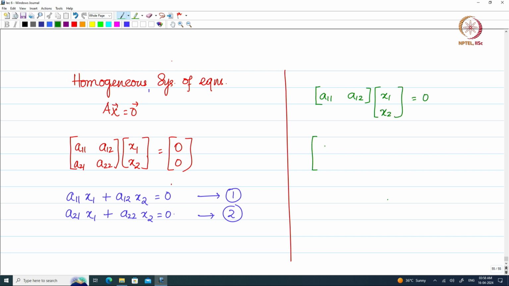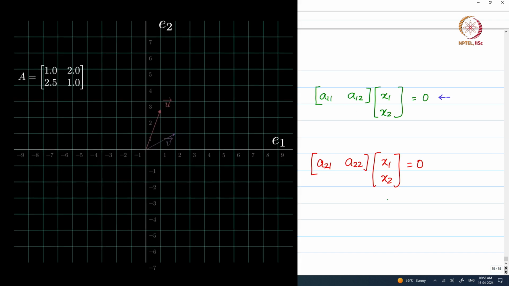Similarly, we have A21 A22 times x1 x2 gives me 0. This expression corresponds to taking the dot product of two vectors, and we say that the dot product is 0. The two vectors are a11, a12, which is the row vector, and the other vector is x1, x2.